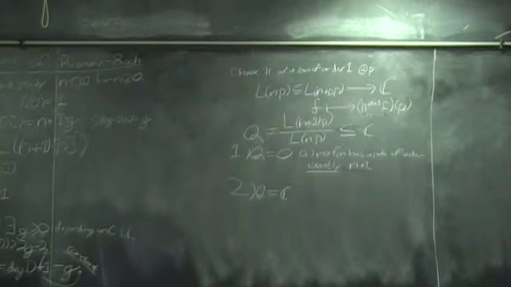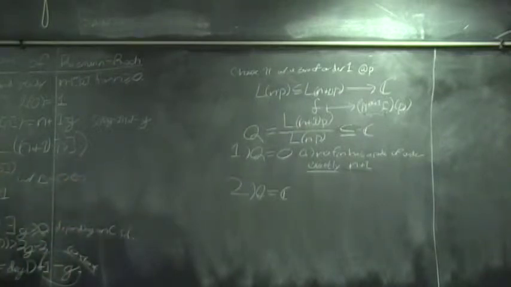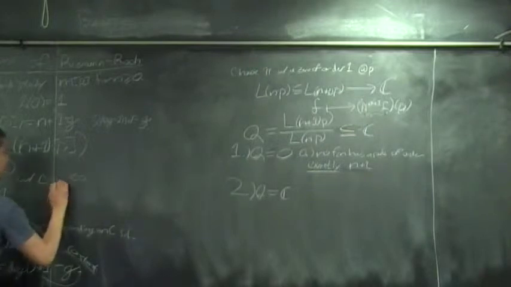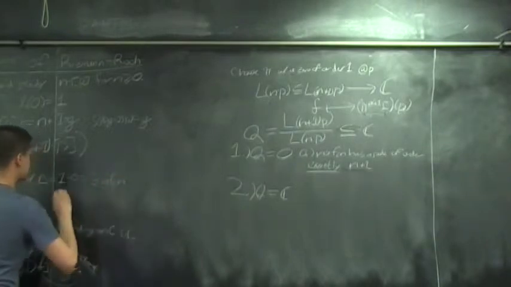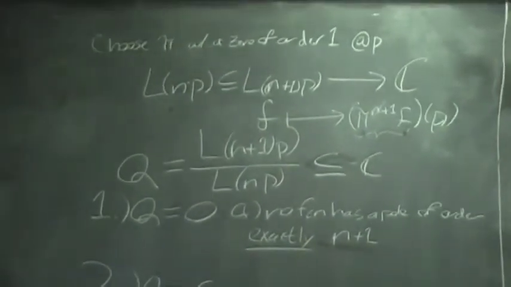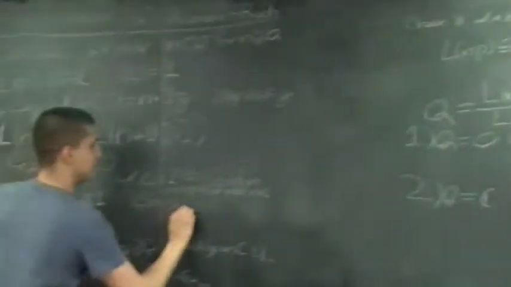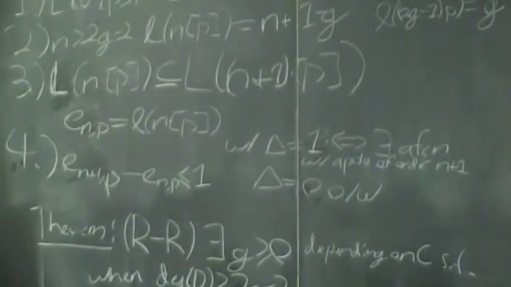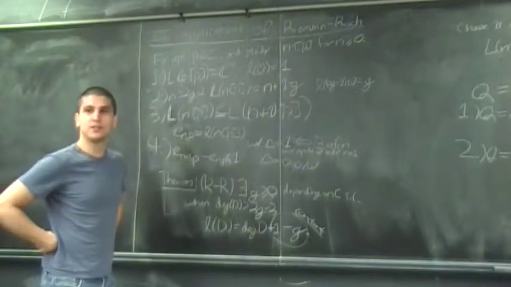And in particular, we see that the difference is equal to 1 if and only if there exists a function with a pole of order n plus 1, and delta is equal to 0 otherwise. Does that all make sense? Are there any questions about this?